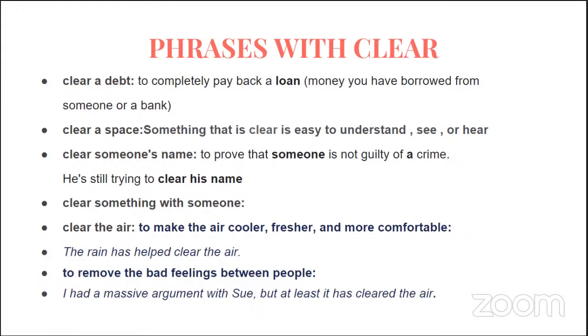Excellent. Clear someone's name. The meaning of clear someone's name is to prove that someone is not guilty of a crime. And here we have an example, please. He's still trying to clear his name. Correct. The next one, clear something with someone. This one doesn't need a translation to understand because as it is written, literally we can understand. Clear something with someone.